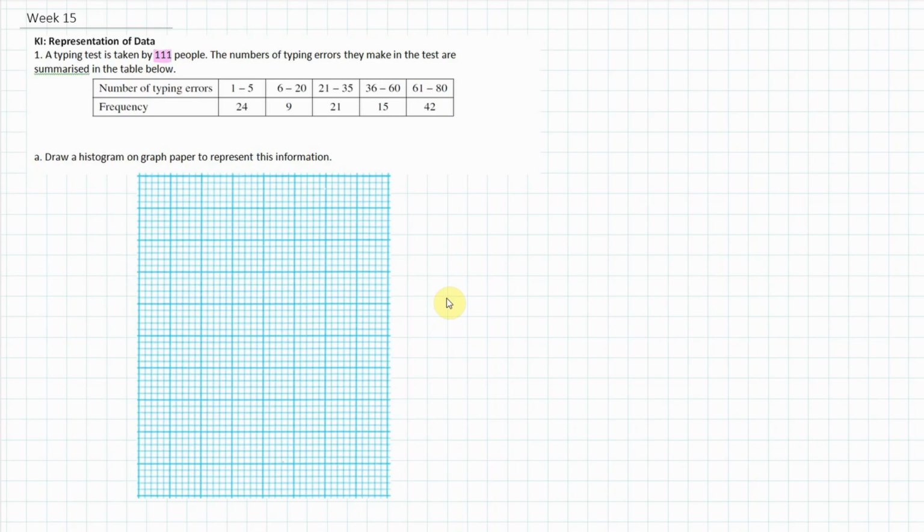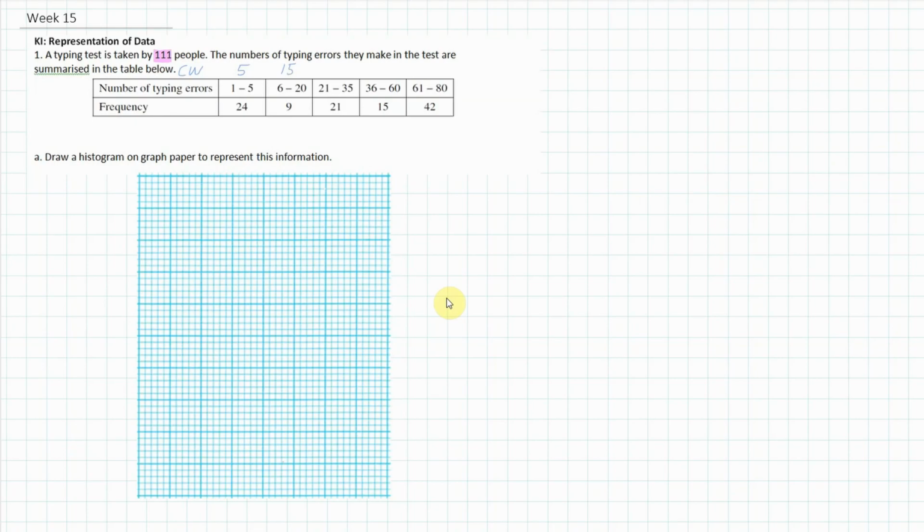So probably what I'm going to do is write the class width up here. You can see that this class width goes from 1 to 5, but the boundaries are 0.5 to 5.5, so the class width is 5. The boundary here is 5.5 to 20.5, so that is a class width of 15.